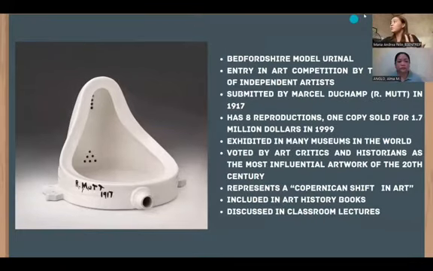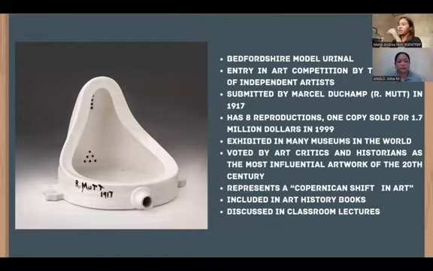The explanation of this one is Bedfordshire Model Urinal. That's what we call it. Entry in an art competition by the Society of Independent Artists, submitted by Marcel Duchamp, the artist who made this kind of art in 1917. It also has 8 reproductions, and one copy sold for $1.7 million in 1999.